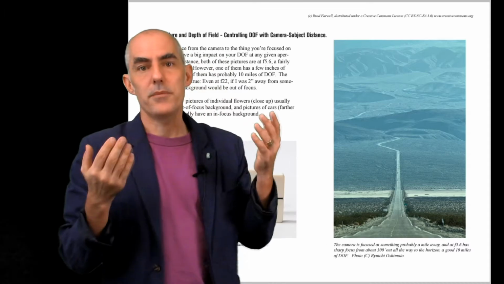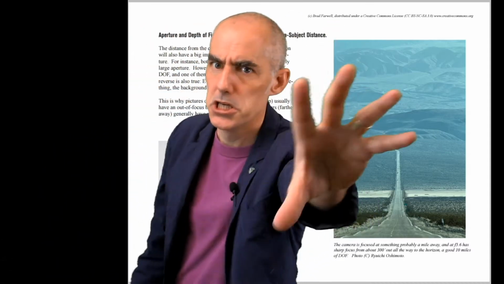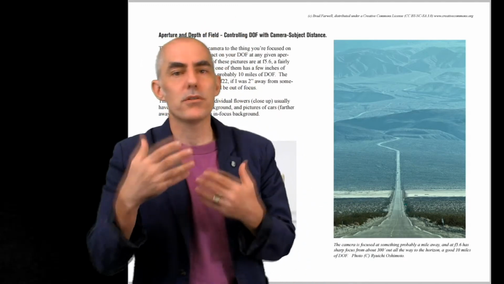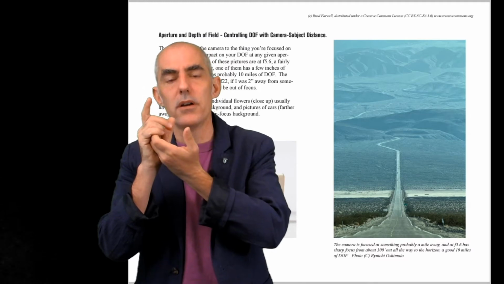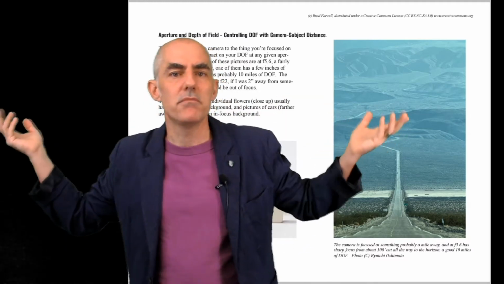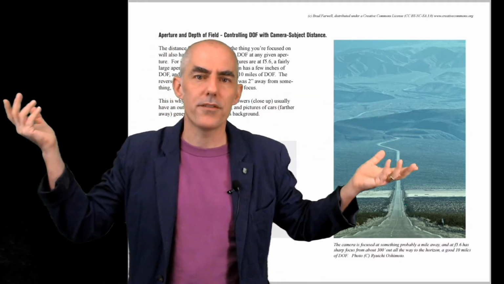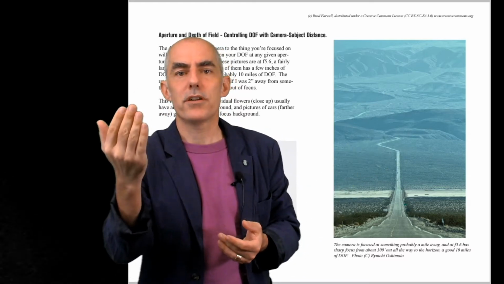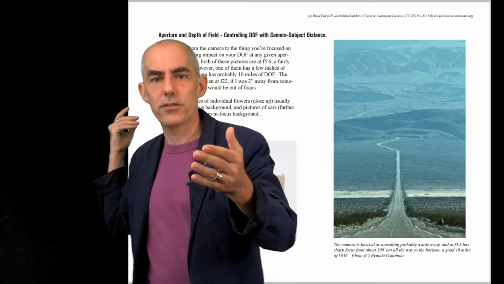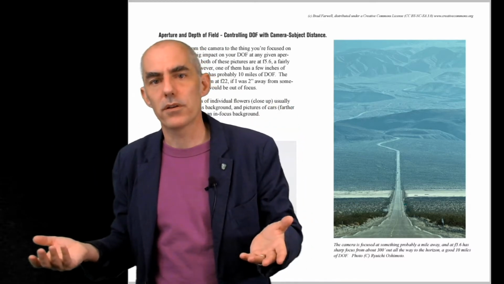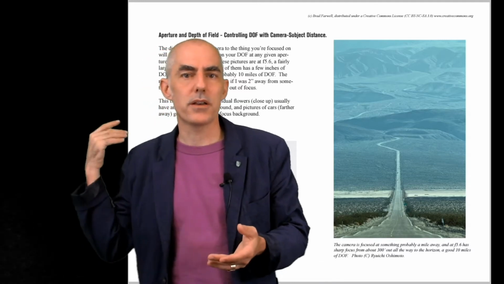Let's say I'm taking a portrait of you, reaching through the screens. If I'm taking a picture of you and I'm, say, 3 feet away from you, cool, take a picture. I'm at f8, for lack of a better f-stop to think of. Maybe you have 12 inches in front of you and 24 inches behind you that are also in focus. So if you're standing right in front of a bookcase, the bookcase is in focus.